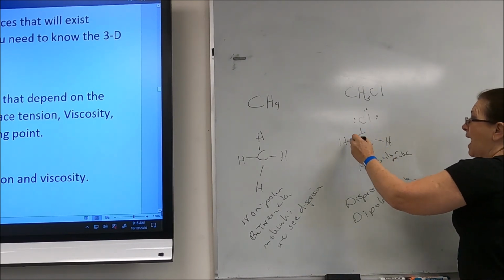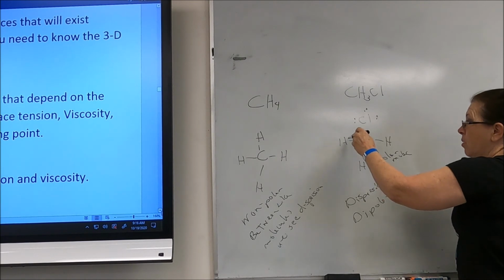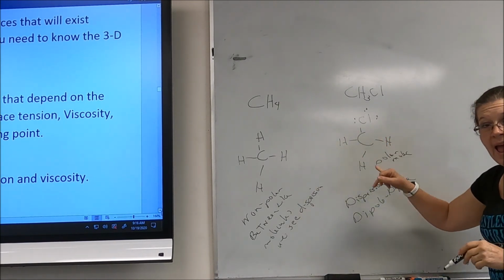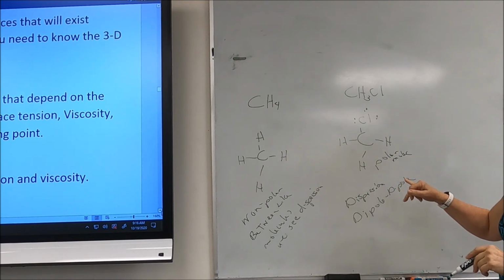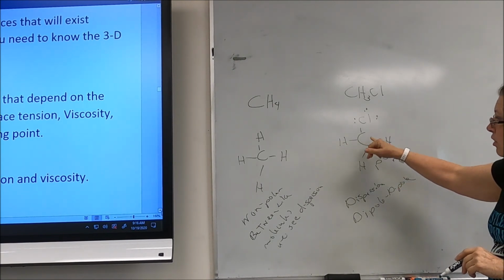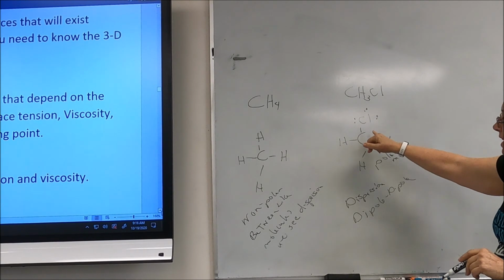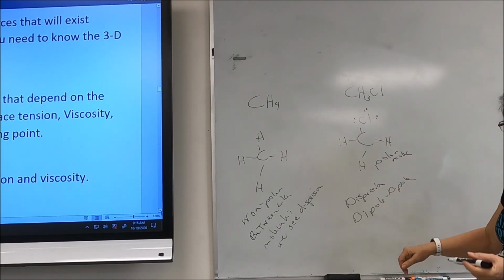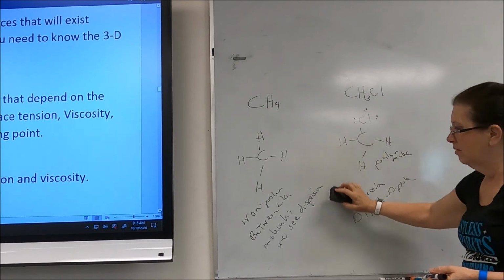Now, I have hydrogens here, but the hydrogens are bonded to a carbon. So this is not going to have any hydrogen bonding. So two molecules of CH3Cl have a dispersion interaction between them, and they're going to have a dipole-dipole interaction.